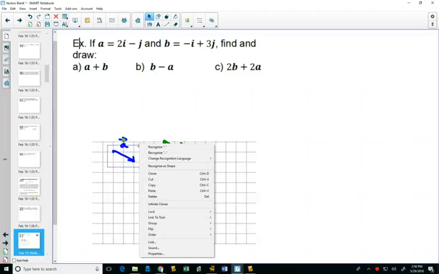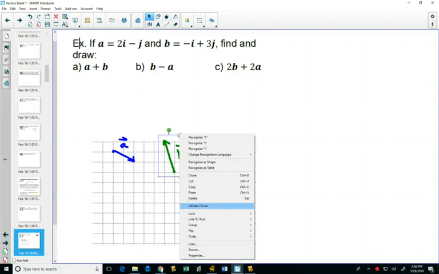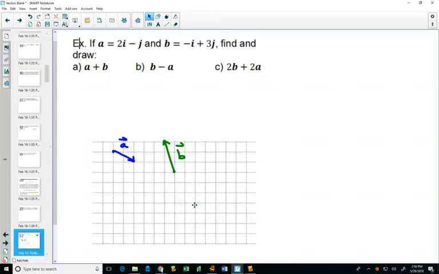You can underline, you can put a little arrow over top of them. I was doing the notes today, and it says underline.